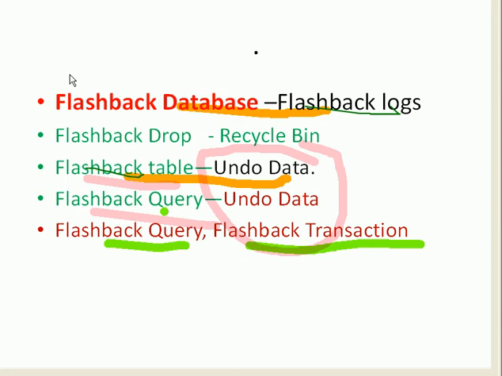When you want to use flashback database, you require flashback logs. So you now know what the flashback recovery area is, and how flashback database plays a major role. Flashback logs play an important role in flashback database related transactions.